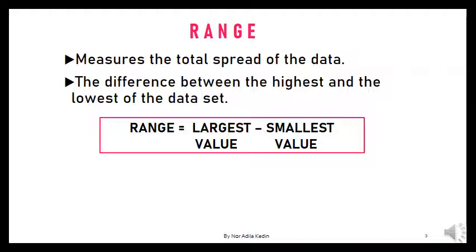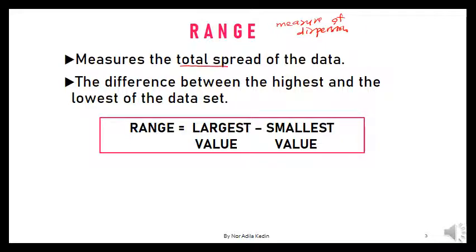So let's look at the first measure of dispersion. So the first one is range. Okay. So ini adalah measure of dispersion yang pertama kita akan tengok. So measure the total spread of the data.